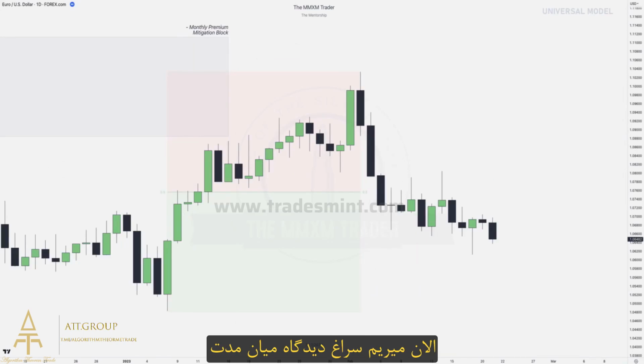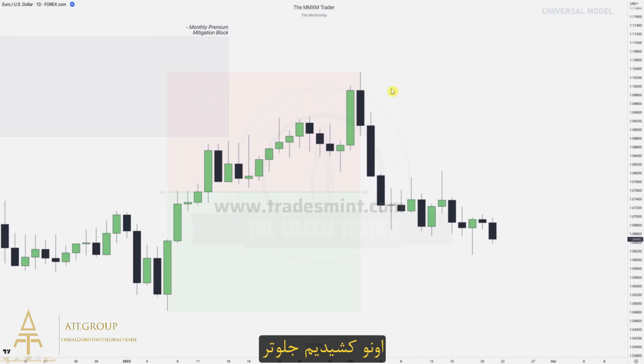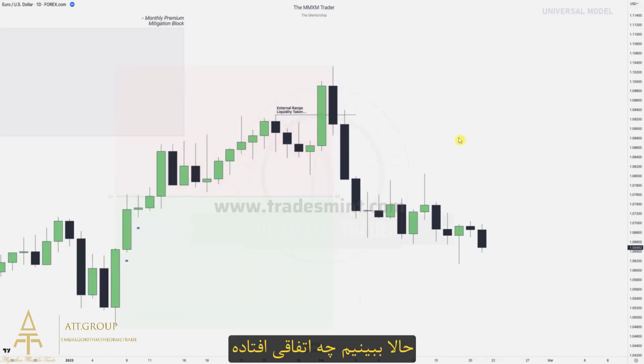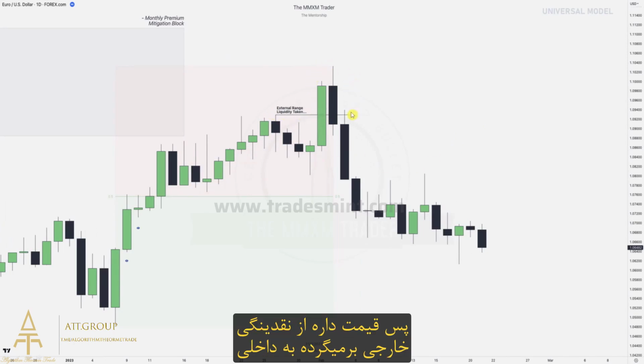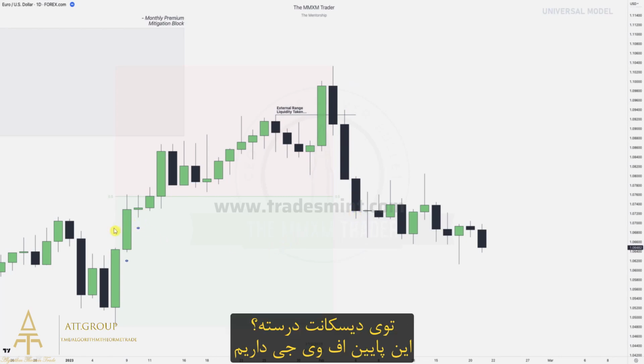So going into our intermediate term perspective, we can see this monthly premium mitigation block from the previous slide, right? Extended out in time, and we can actually see price action is starting to break down. And how does that look like? Right? External range liquidity has been taken, so we go from external back to internal. And where is our internal range liquidity? In discount, right?